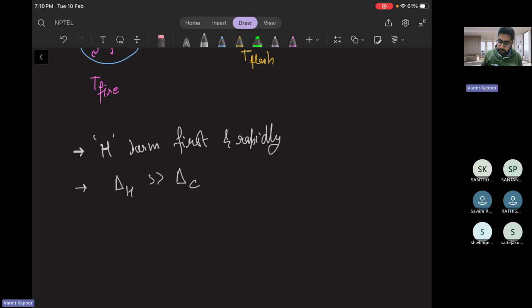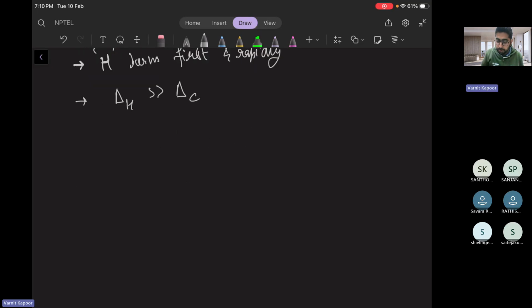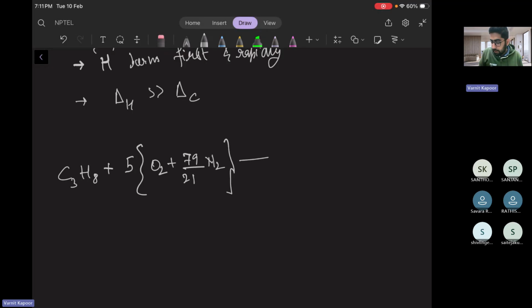Our fuel is hydrocarbon, so C3H8 is your fuel. It is mixed with oxygen and nitrogen, that is your air, 5 times O2 plus 79 by 21 of N2, which gives 4H2O plus 3CO2 plus 79 by 21 of N2.